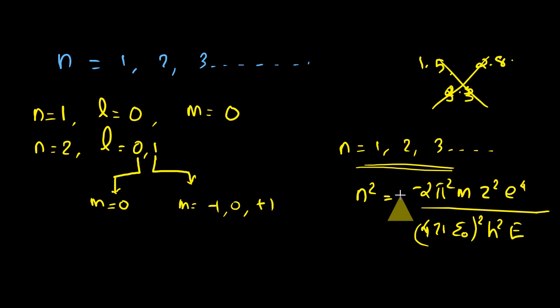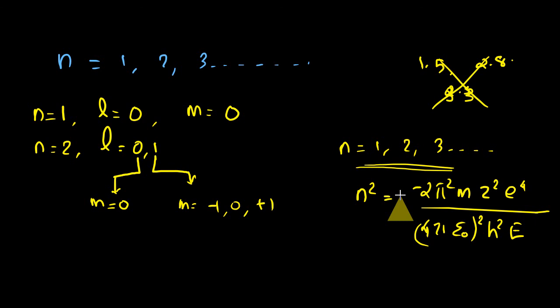At that time you did not know why these are quantum numbers and why they have only restricted values. But at this moment you know why it is called a quantum number and why it has only a restricted value. There are some mathematical limitations for these numbers to get any value, right? So these are quantum numbers.